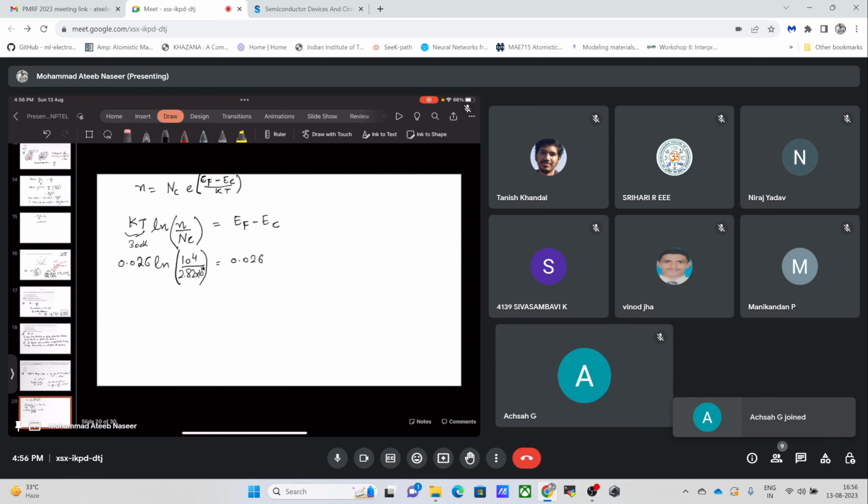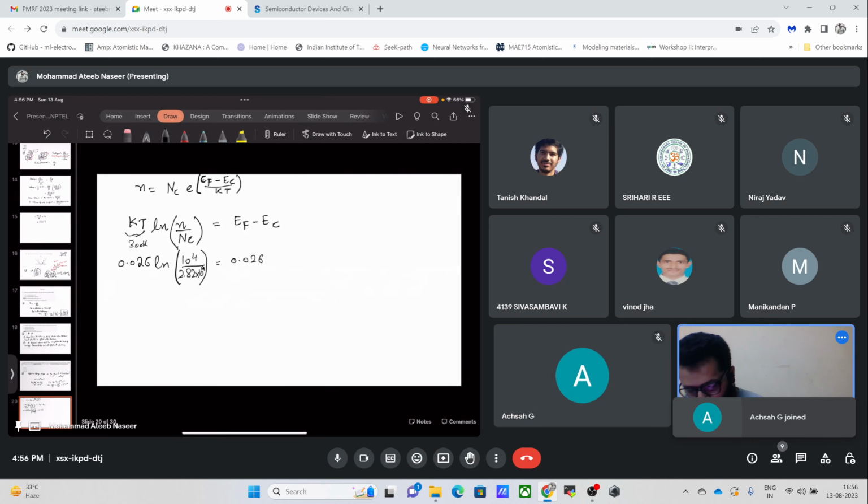Fine. So it came out to be equal to minus 35.36. If I multiply this 35.36 with this 0.026, it is coming out to be minus 0.919 electron volts.